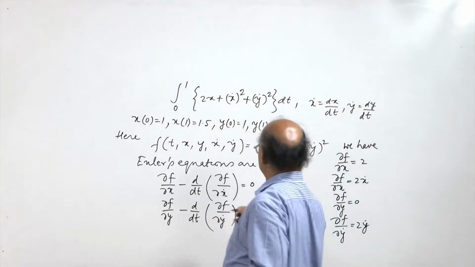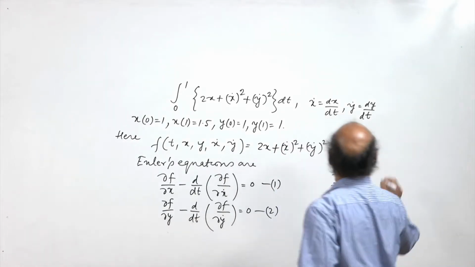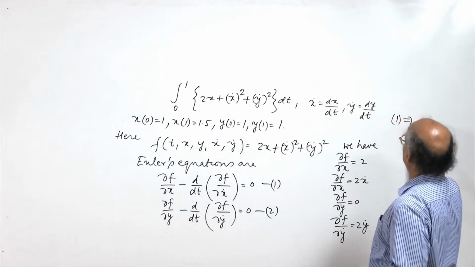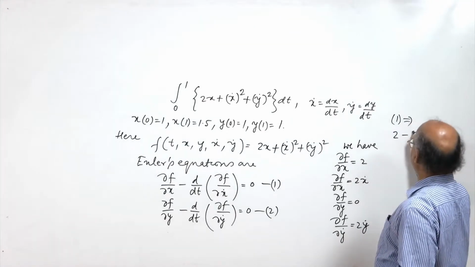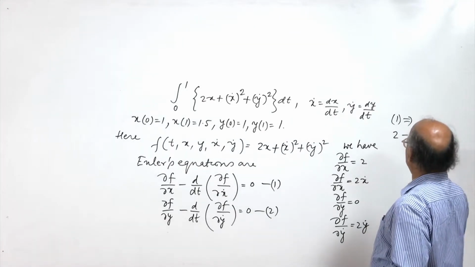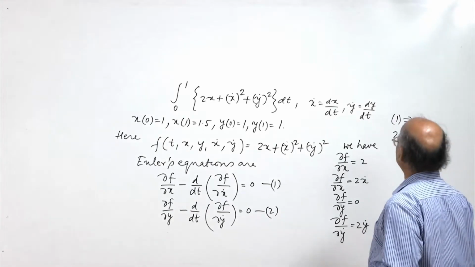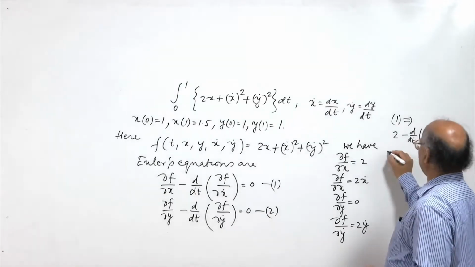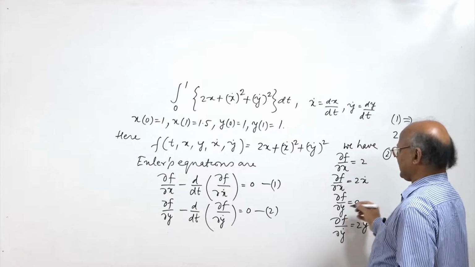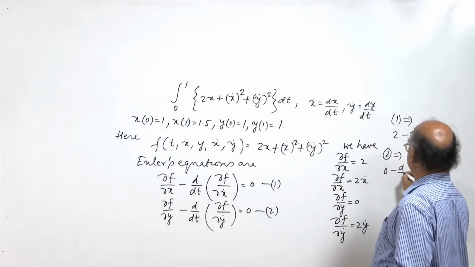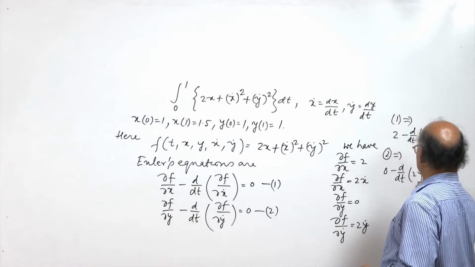Now, equations 1 and 2: 1 gives us 2 minus d over dt of 2x dot equal to 0, and 2 gives us 0 minus d over dt of 2y dot.